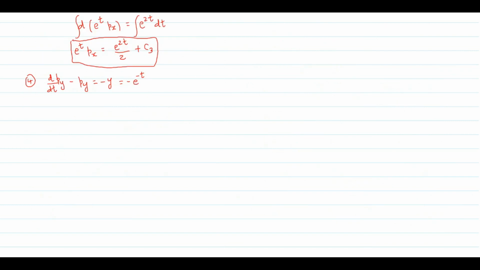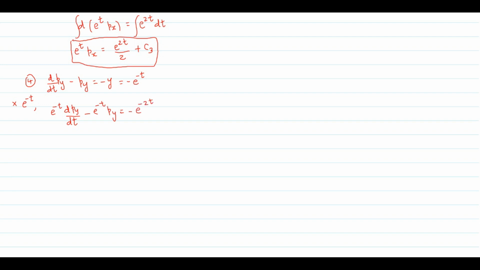In the same manner, if you like to write it in exact differential form, on the left hand side you just multiply both sides by a suitable integrating factor. So we choose e power minus t as the integrating factor for this differential equation. When I multiply, e power minus t d p y by dt minus e power minus t p y is equal to e power minus 2t.